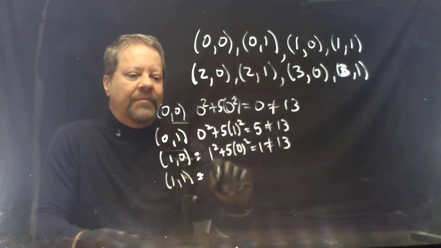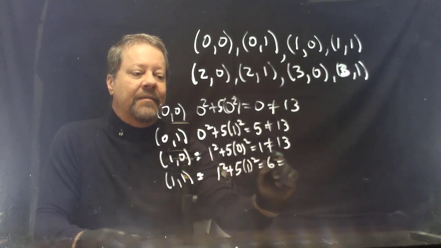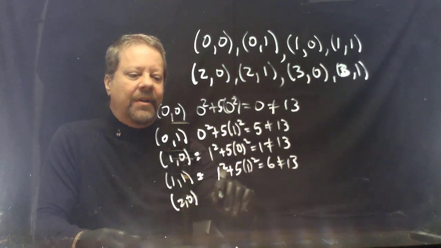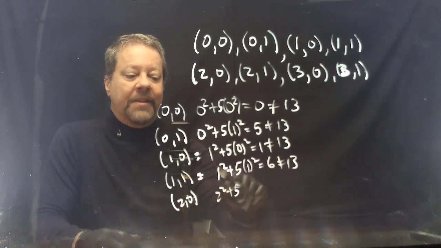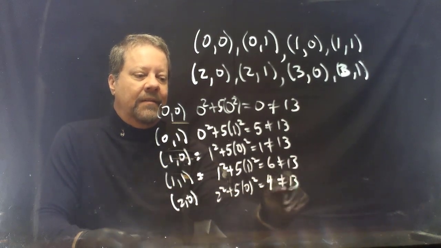How about 1, 1? 1 squared plus 5 times 1 squared is 6, not 13. 2, 0. 2 squared plus 5 times 0 squared is 4, not 13.